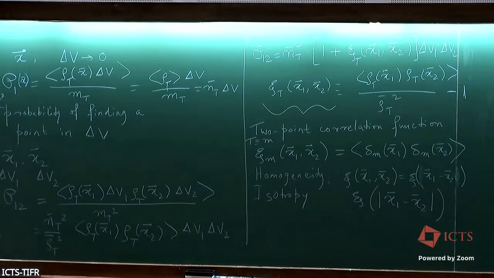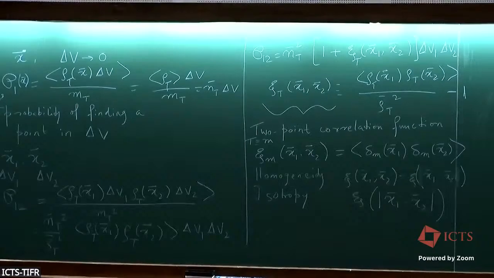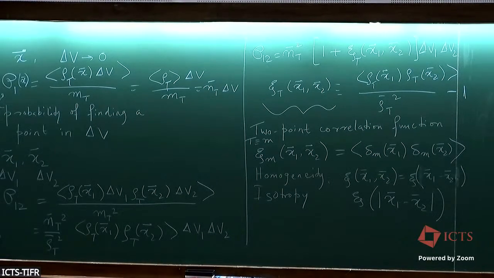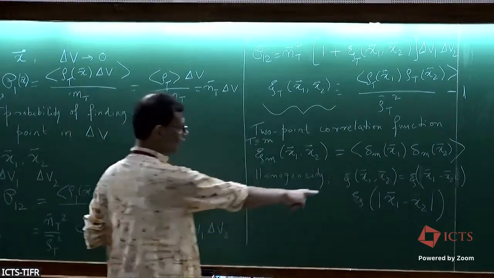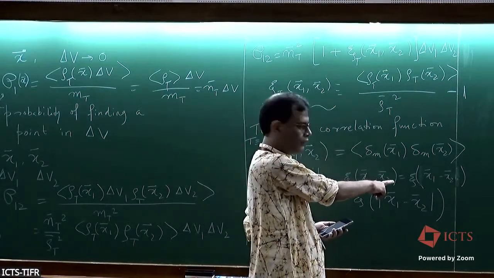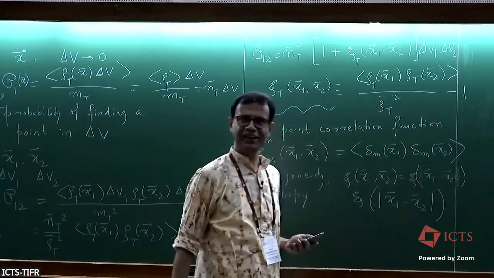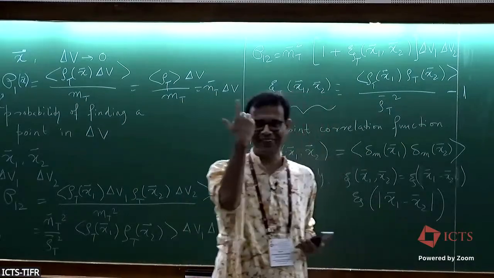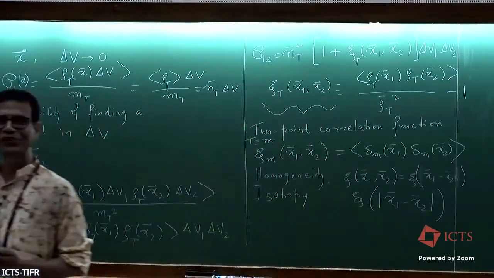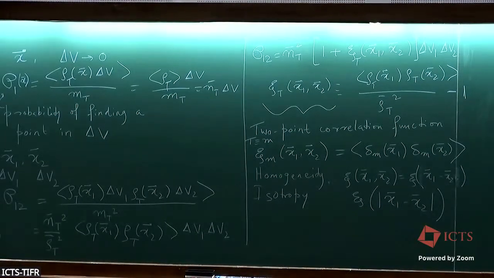You could have asked the same thing here: this was a function of 1 variable, and it became a function of no variables because of homogeneity. It's something similar. More importantly, it was actually a function of 6 variables. Here it became a function of 3 variables, and now it has become a function of 1 variable. That is isotropy.